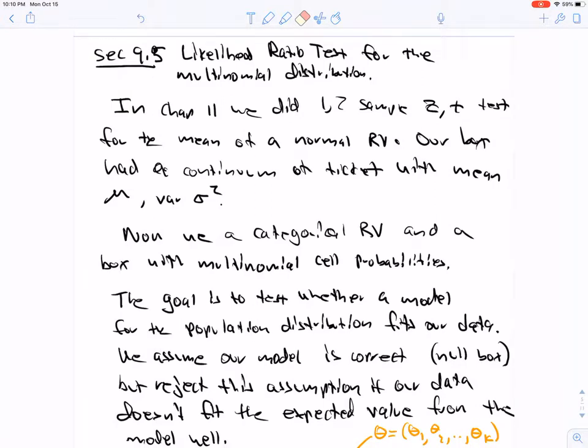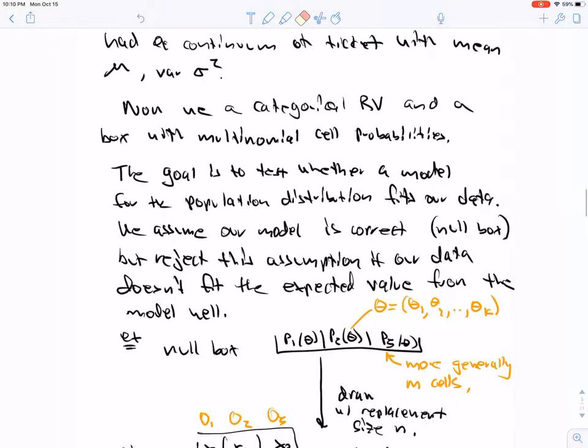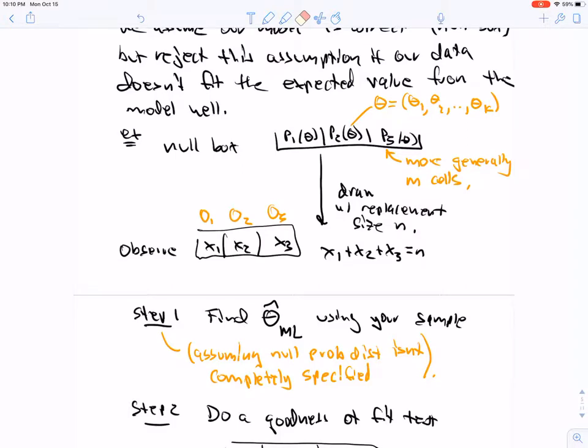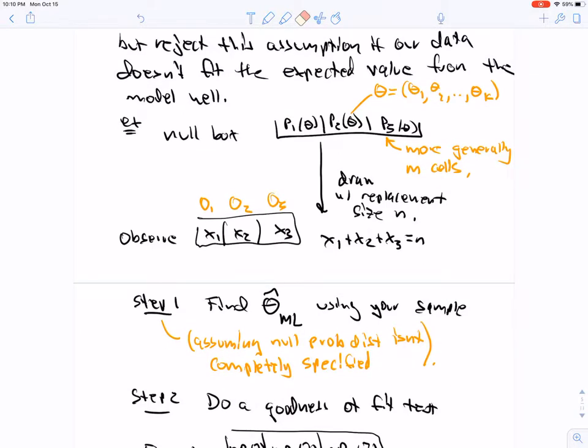Okay, so much for an intro. Now on to the likelihood ratio test. We have a categorical variable here, unlike in chapter 11 when we had a continuous variable. Our null box has probabilities p1(theta), p2(theta), and so on, and we're drawing with replacement, size n.